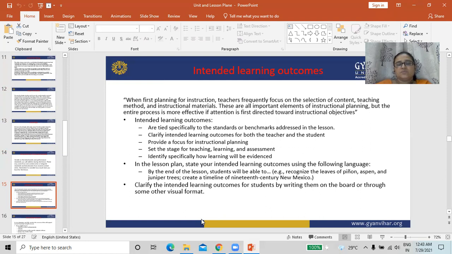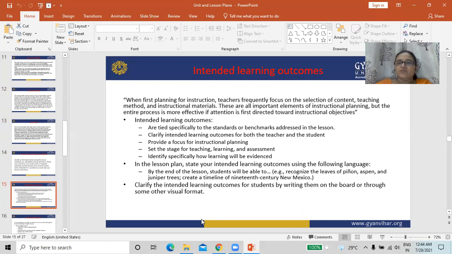The first step of planning of instruction: teachers frequently focus on the selection of the content, teaching method, and instruction material. These are all important elements of instructional planning, but the entire process is more effective if attention is first directed toward instructional objectives. So what is the main purpose? Why are you selecting the topic?